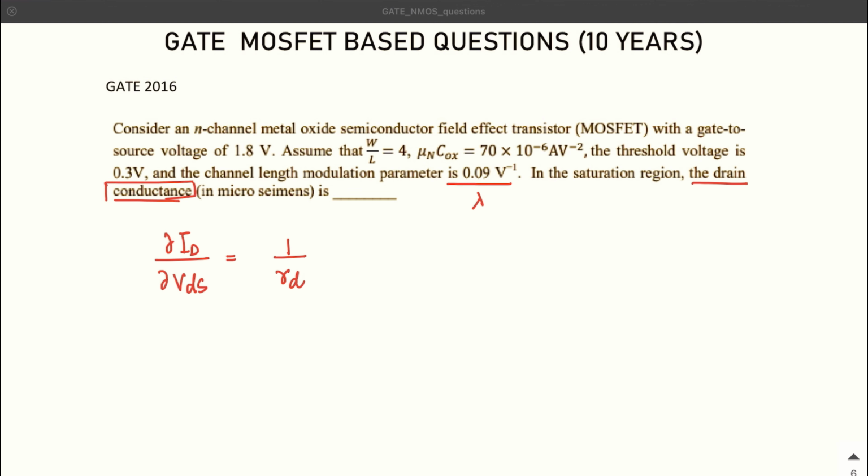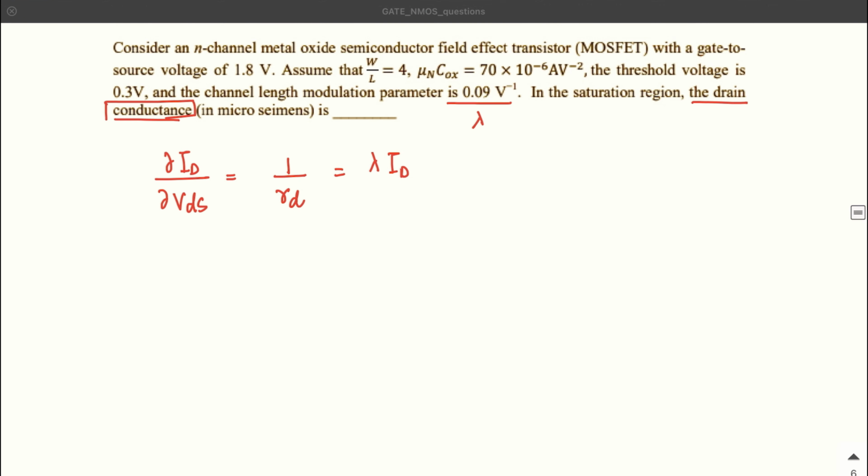So you need to differentiate the drain current with respect to VDS, and this would be actually equal to 1 upon RD, and this 1 upon RD is equal to lambda times of ID. So these are all the formulas that we need to know, and if you don't know this formula, then also you can come to the derivation.